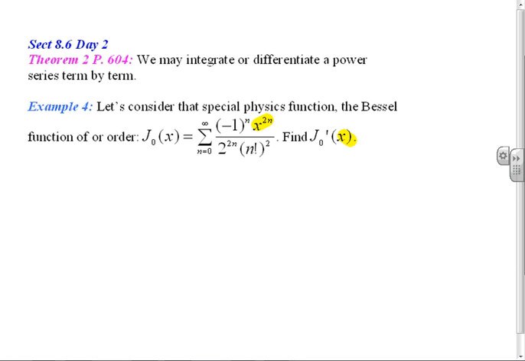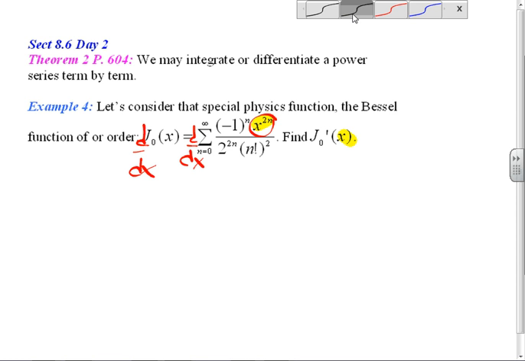Because the only thing I have to differentiate is that. Because when I take the derivative of both sides with respect to x, I can pull that operator through all that summation. And all I have to differentiate is this.